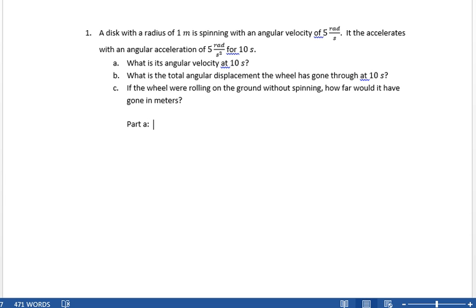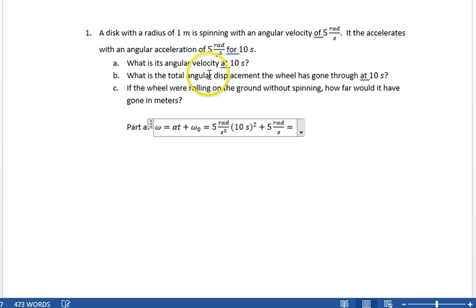10 seconds? So, angular velocity, omega equals alpha t plus omega naught. We have alpha is 5 radians per second squared, t is 10 seconds, and omega naught is 5 radians per second.